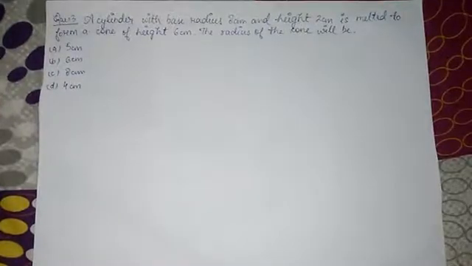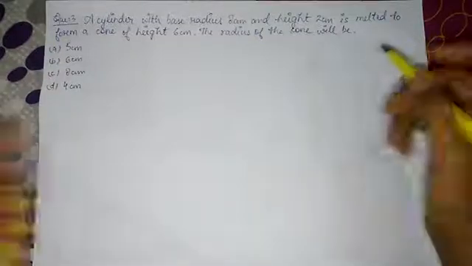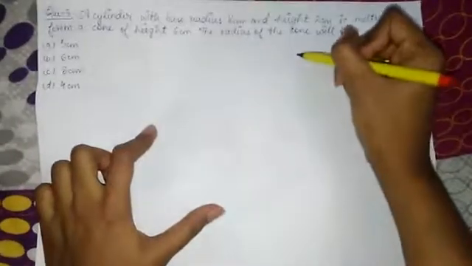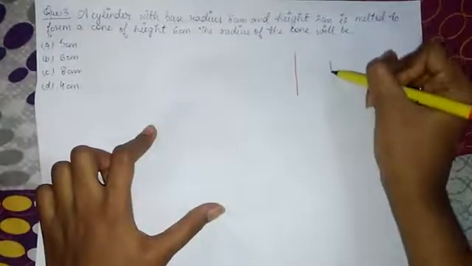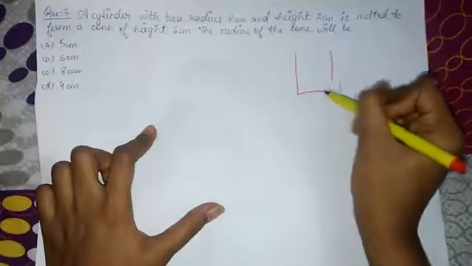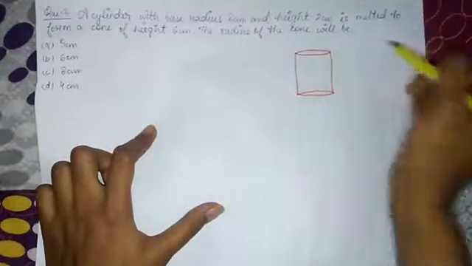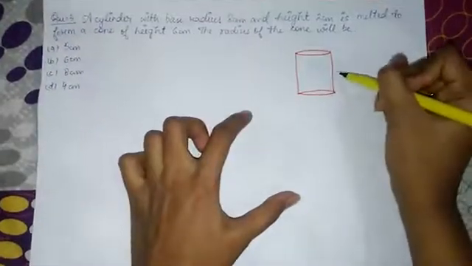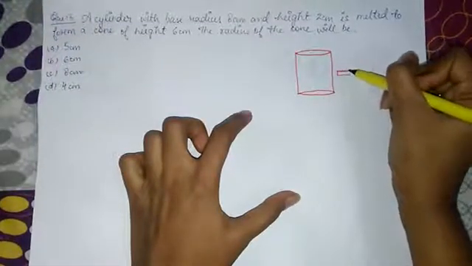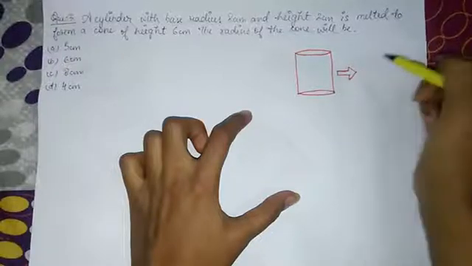The next question is, a cylinder with base radius 8 cm and height 2 cm is melted to form a cone of height 6 cm. We have to find the radius of the cone. Okay, so let's make the figure. We are given a cylinder, and we have melted this and formed a cone out of this.